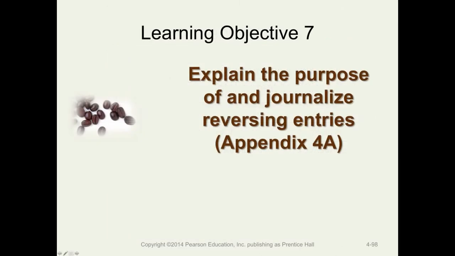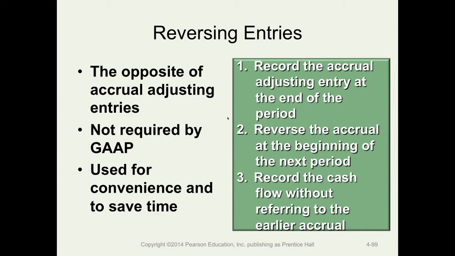And finally, in the appendix to Chapter 4, we've got reversing entries. And what are reversing entries? Reversing entries is a bookkeeping tool that helps to simplify the recording of routine or standard journal entries going into the next period. Now, these are not required, but they are the opposite of accruals.